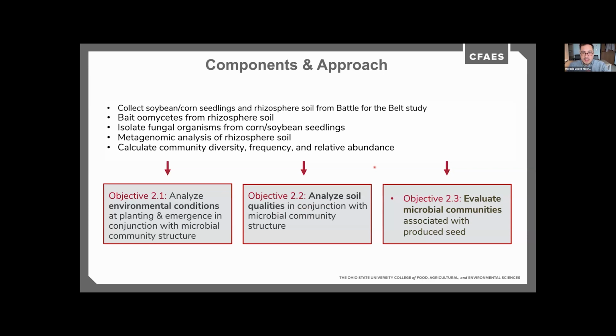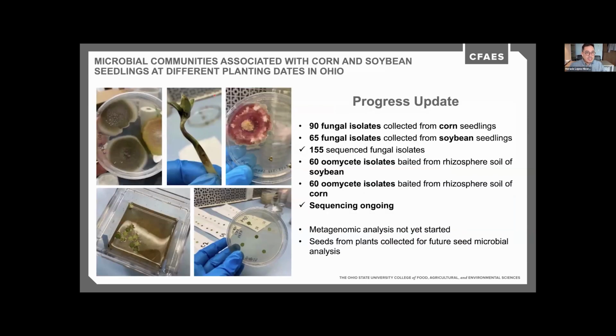So we have different microbes surrounding the seedlings in that rhizosphere soil, but then she's also retrieving fungal organisms from those seedlings, cleaning them to make sure that we are not just identifying and evaluating contaminants, but only the ones that were able to infect the seedlings and that we were able to retrieve back. And that's how she does it.